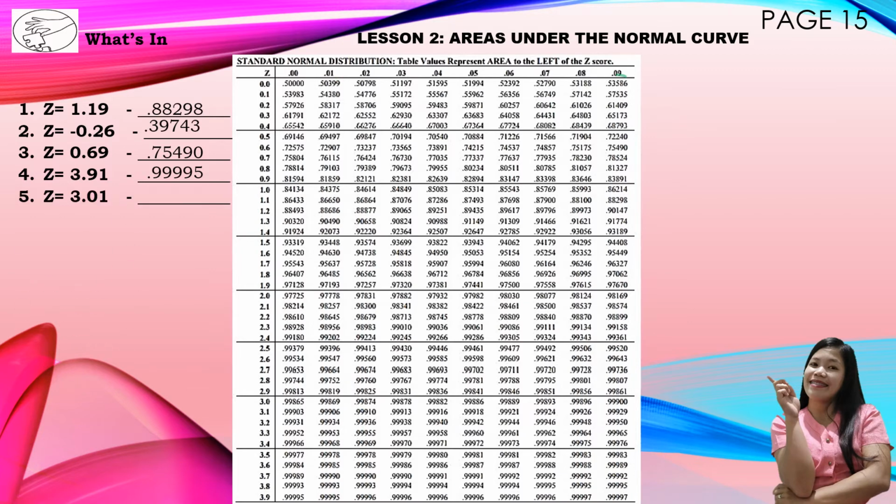Next, we have number 5. z equals 3.01. 3.0 is located on this part. 0.01 is located on this part. So their intersection would be 0.99869.